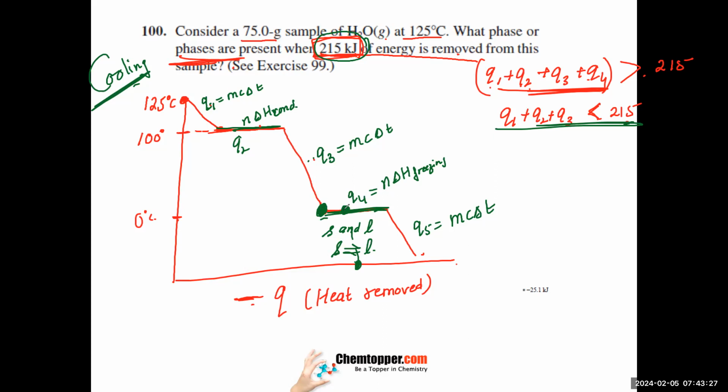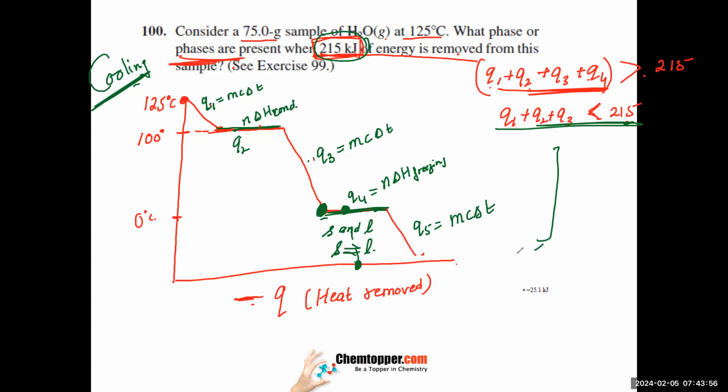So children, from my side, I'm giving you very complicated, lengthy questions. But when they come in the exam, they simplify them. So if you are not understanding, let me know. I can split it into a simpler form. But have you understood this question? Yes or no? Cooling curve.